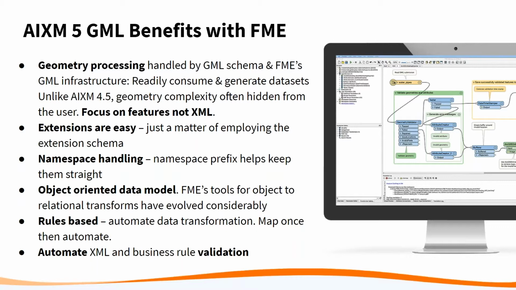So a lot of that schema modeling, interpretation, and rendering is all automated directly from the application schema. That way you can focus on your features, not on being an XML programmer. Most of what we're talking about today, we come in and out of the XML, but by and large, if you're familiar with FME, you can work with the AIXM. You don't have to be an XML expert. This makes extensions easy, and namespace handling, all that stuff is handled under the hood.